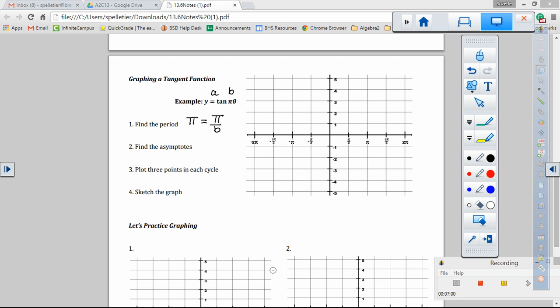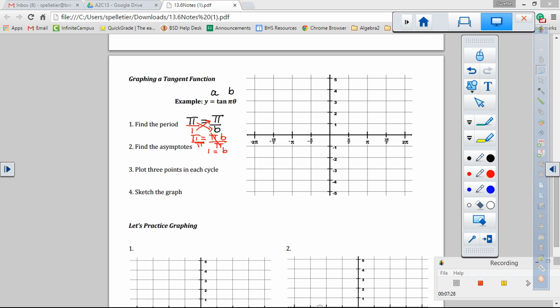And then we need to cross multiply. Okay? So bottom to top and top to bottom, pi equals pi times b, and then to get b by itself, we divide by pi. Anything divided by itself is 1. So b is 1. The period is 1.